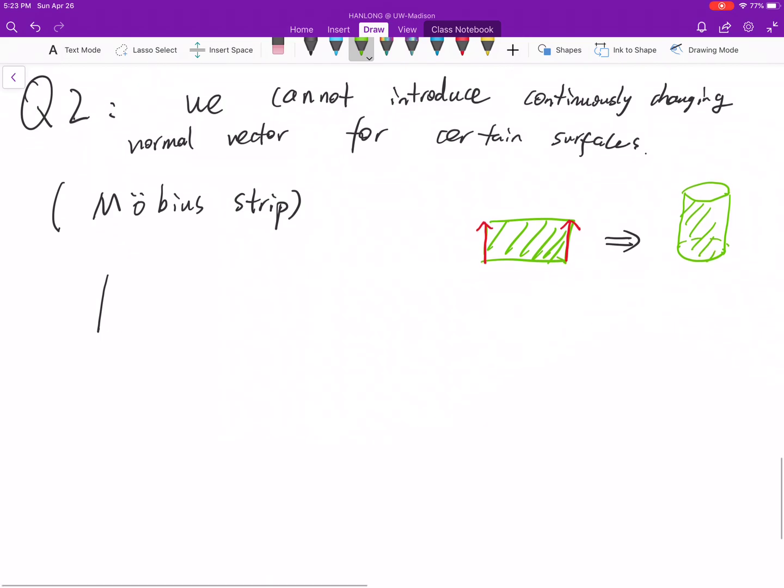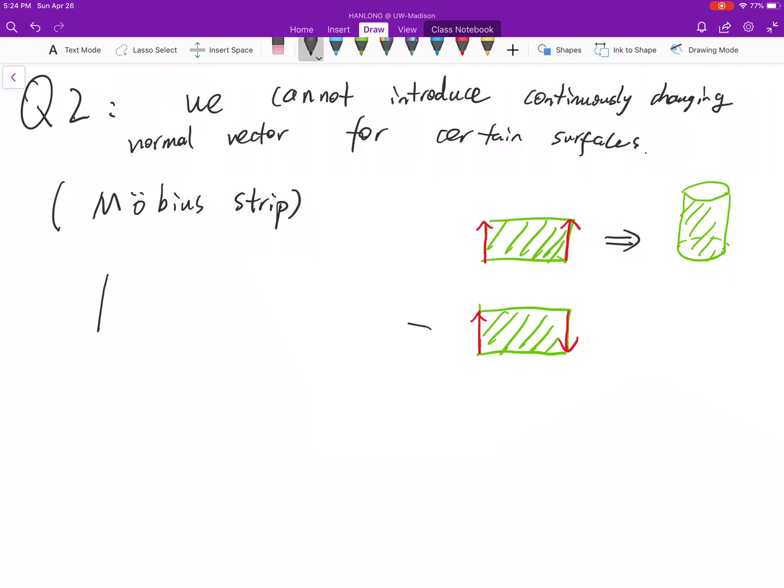Now, if you do an alternative way for the gluing, you go this way. You glue these two sides together, but still make sure the arrows are in the same direction. Then what do you have? You will have this one.